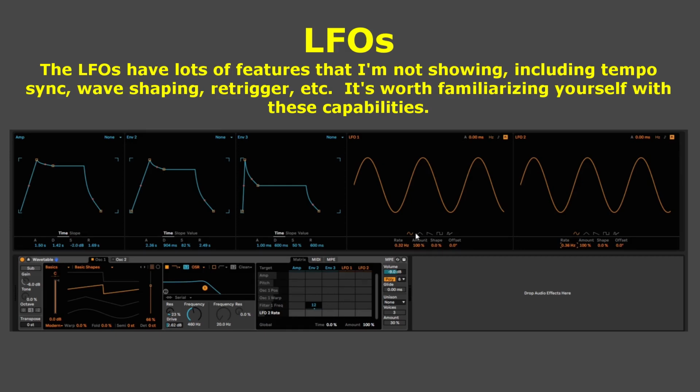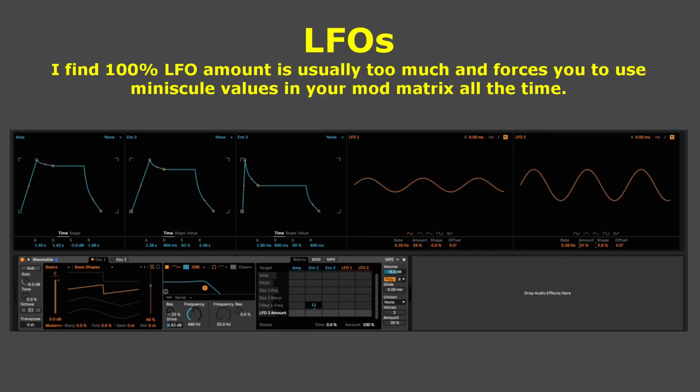I'm also going to lower the amount because I want a pretty subtle modulation for a pad sound. And if you just have 100% modulation from your LFOs, it's usually just a little bit too much. So I'm going to bring these down to somewhere closer to 25 to 30%.